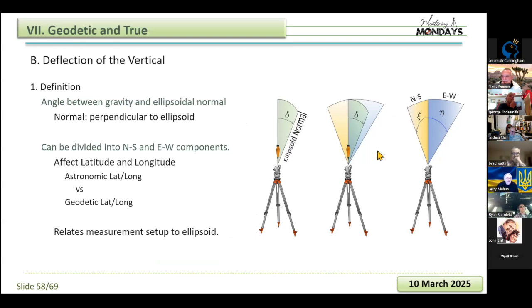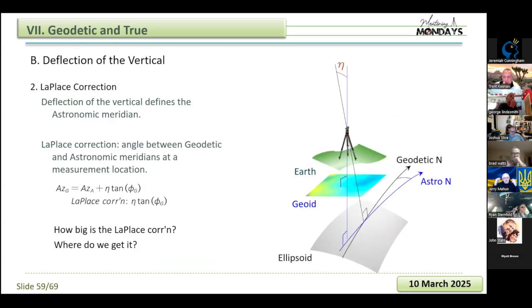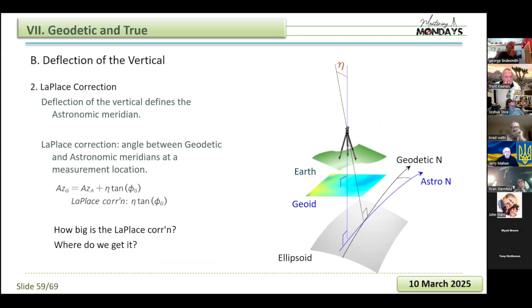You have to visualize this in 3 dimensions. Here we are sitting on the Earth, and here's our geoid down here. Our vertical line is perpendicular to that geoid and is perpendicular to the astronomic north.